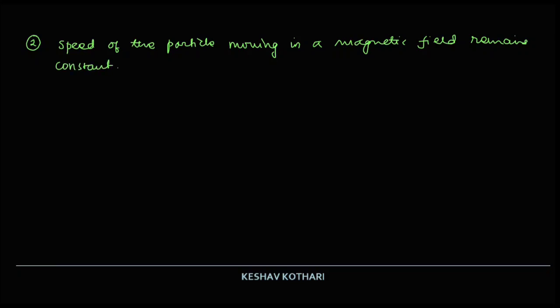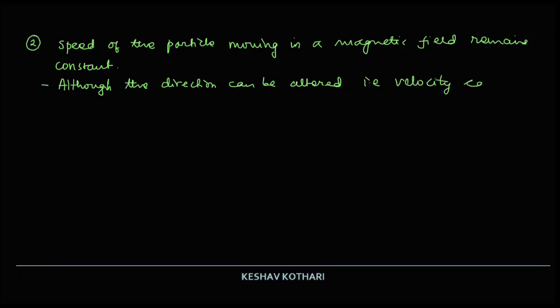So speed of the particle moving in a magnetic field remains constant, although the direction can be altered, that is velocity can change. So velocity can change, but the speed of the particle moving in the magnetic field is going to remain unchanged.